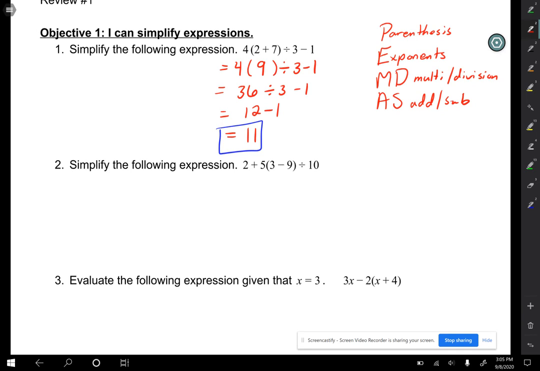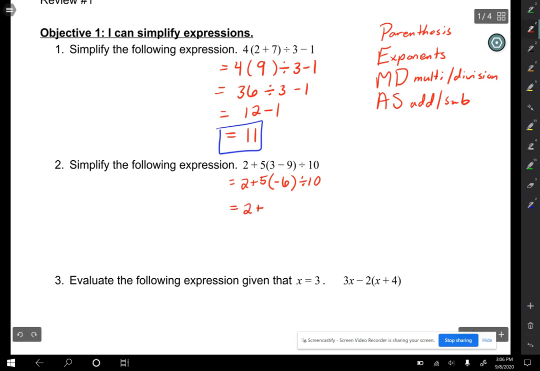Number 2, simplify the following expression. This is just another practice for the question above. So again, we're going to do what's inside the parentheses first. We're going to leave this as 2 plus 5 parentheses divided by 10. Inside that parentheses, the 3 minus 9 simplifies to negative 6. Again, there are no exponents in this example.